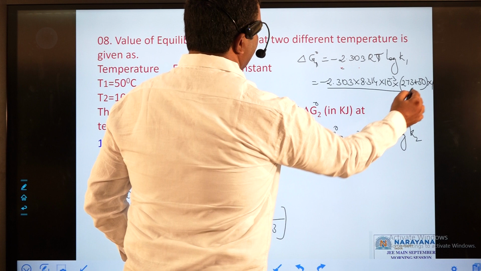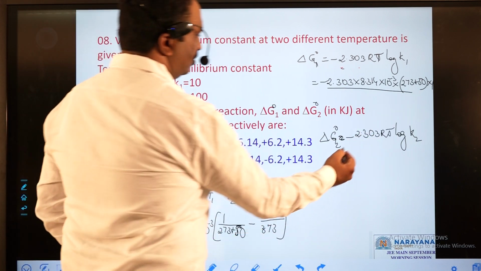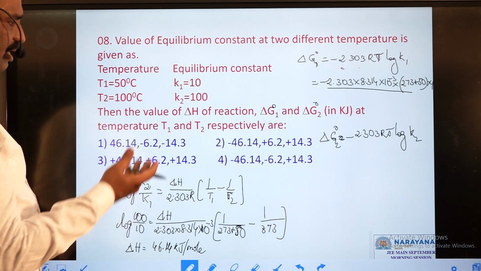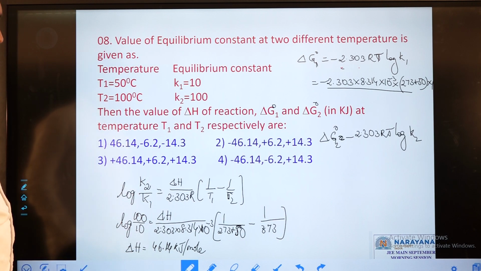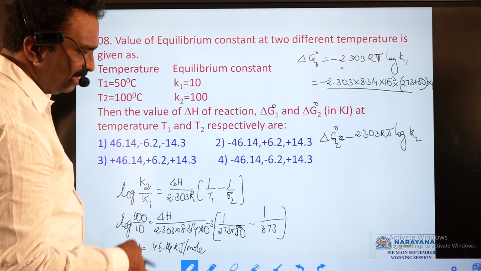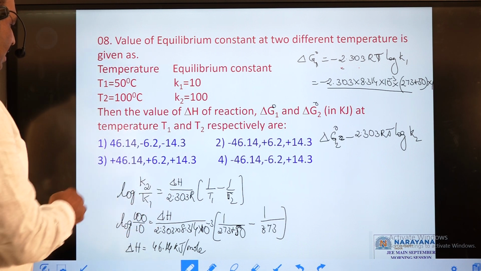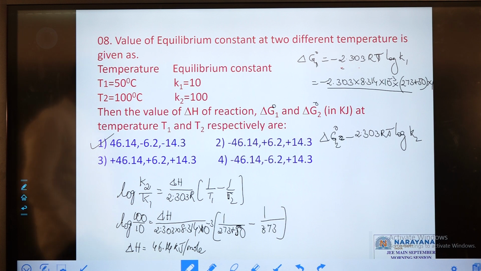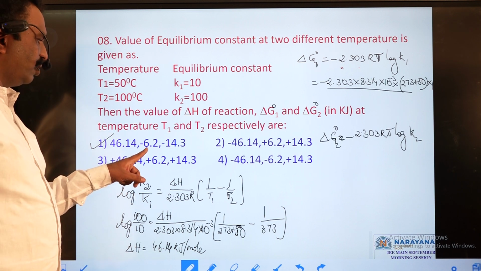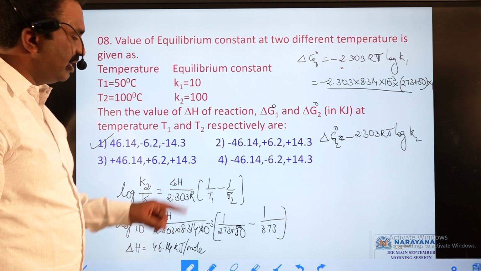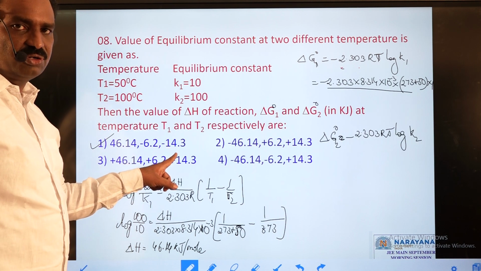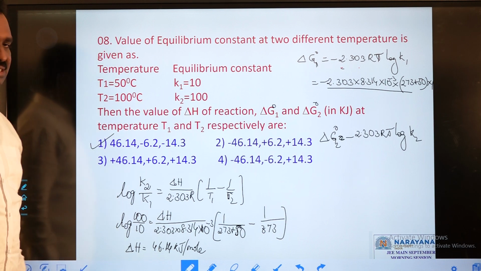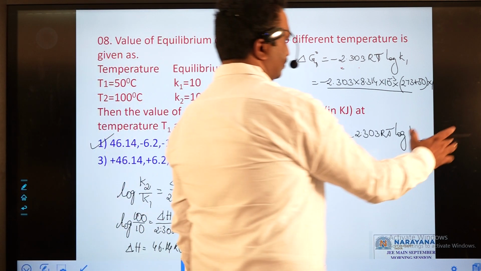You can see very clearly it is negative, because log 100 is log 10 squared, or 2 log 10, so 2. So we are getting nearly 46.14 for delta H, negative 6.2 for delta G1 naught, and this is minus 14.3. So 1 is the correct answer for this question.